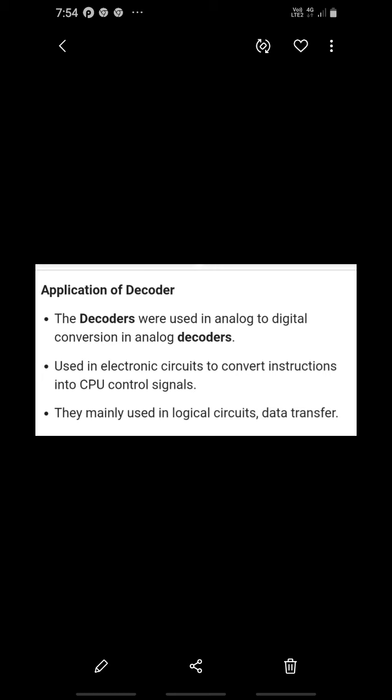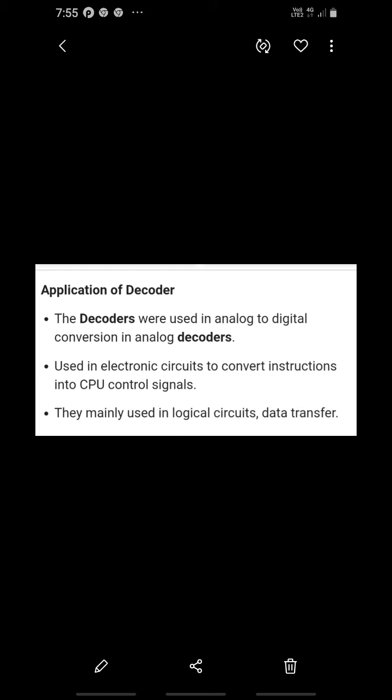They are used in electronic circuits to convert instructions into CPU control signals. They are mainly used in logic circuits and data transfer.